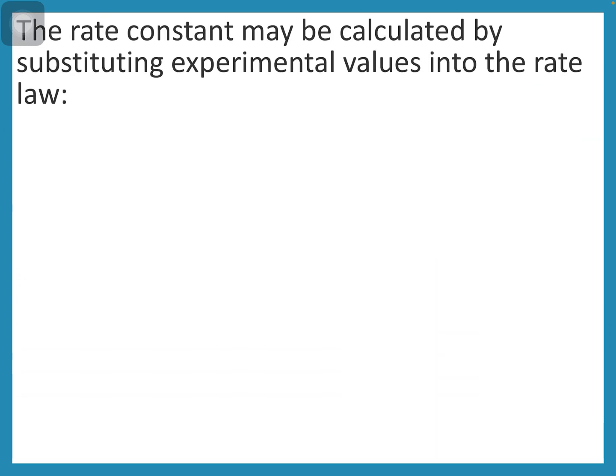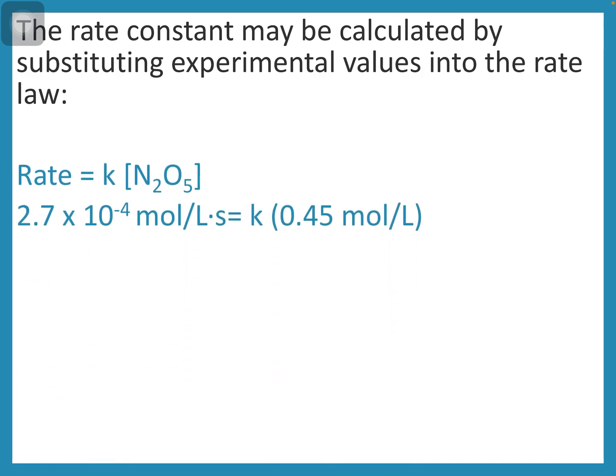So we can actually calculate what that rate constant value is by substituting in some of the values from our chart. So the very first trial had a rate of 2.7 times 10 to the negative 4 moles per liter per second. And the concentration of N2O5 at that point was 0.45 moles per liter.